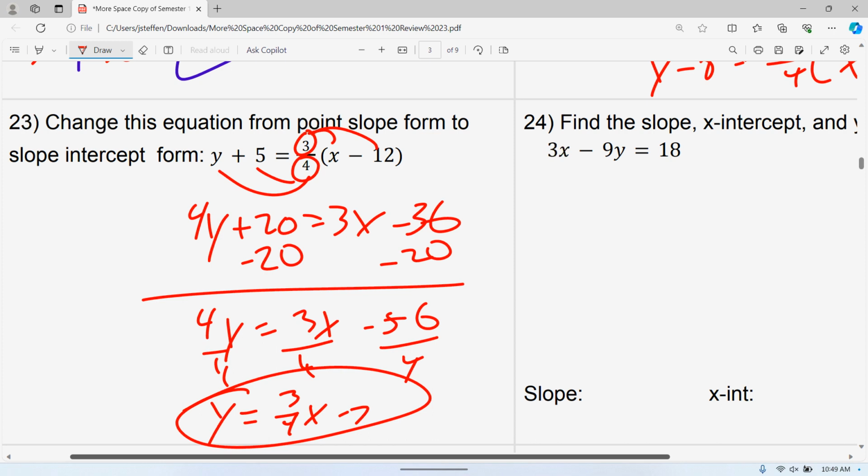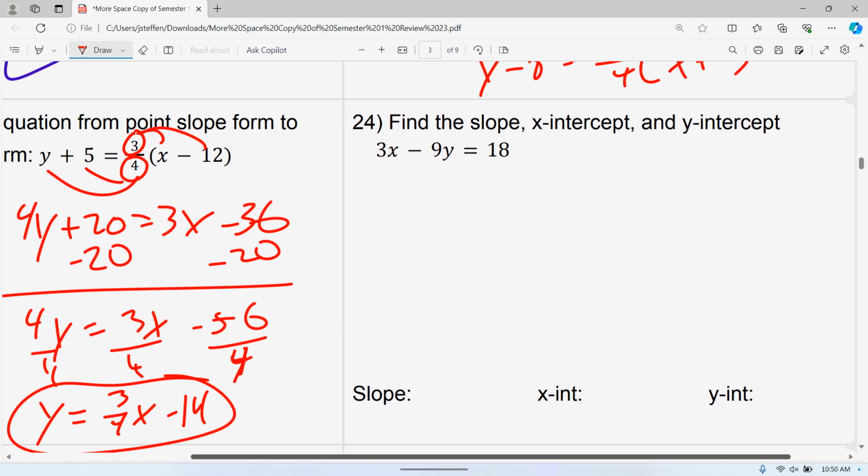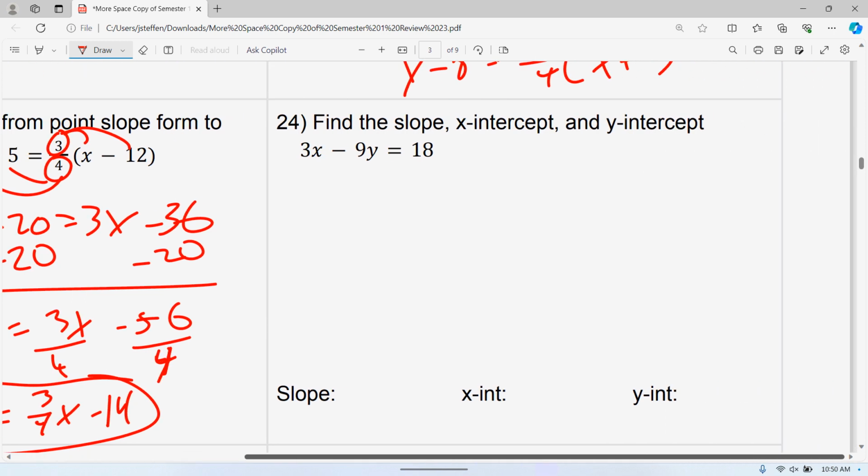Right here, 56 divided by 4 is not 7. 7 keeps popping up. It's not the right answer at all. That is 14. Actually, I bet that looked like a 7, and I'm going to say that was the reason. I'm going to say it wasn't my fault, even though I also wrote that 4 like a 7.